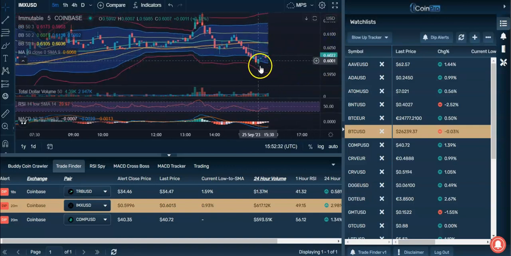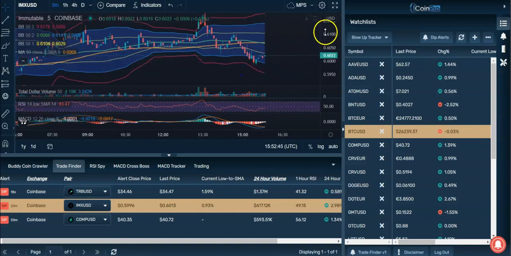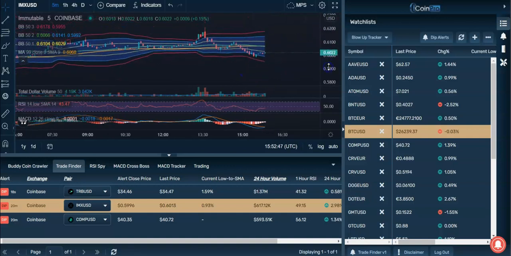Now because this didn't drop out 3 times, the market might only go back up a little bit, and it might not be worth the spread or worth the fee to actually make that trade. So you want to make sure that you wait for good trades. But that's the trade finder.